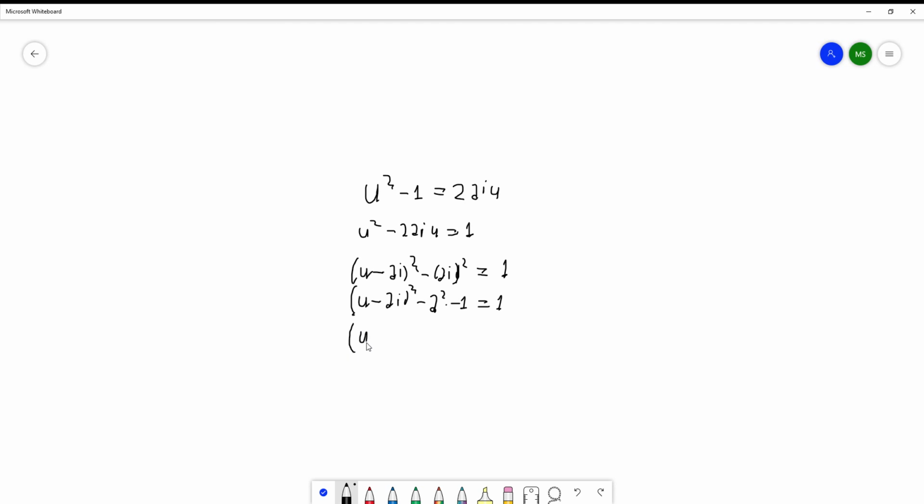Now this is going to be u minus ai squared, now plus a squared is equal to 1. So u minus ai squared is 1 minus a squared.